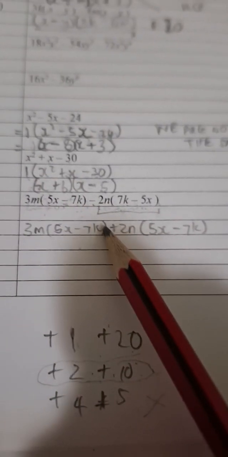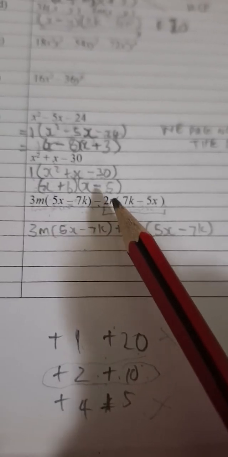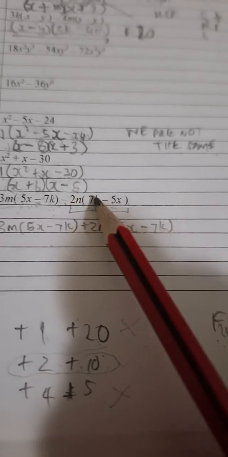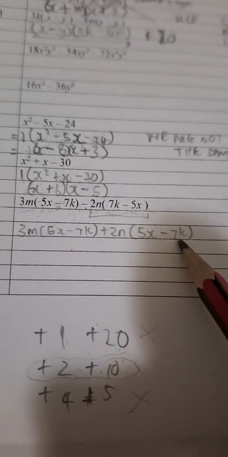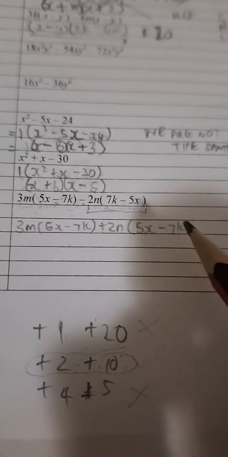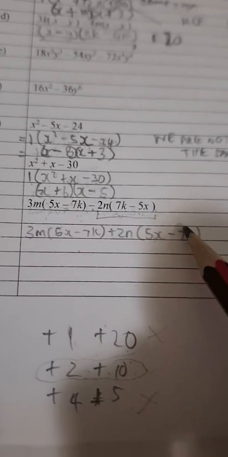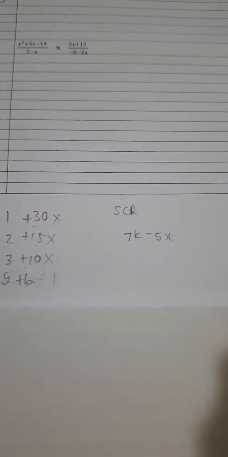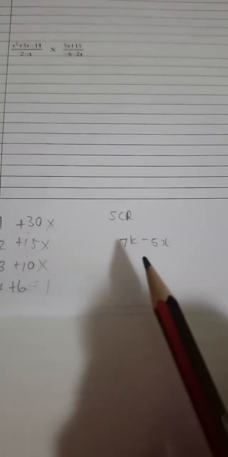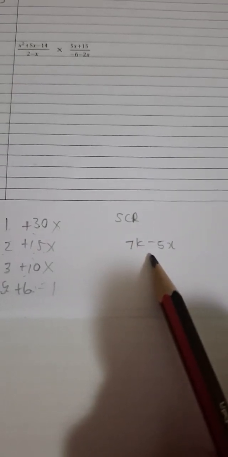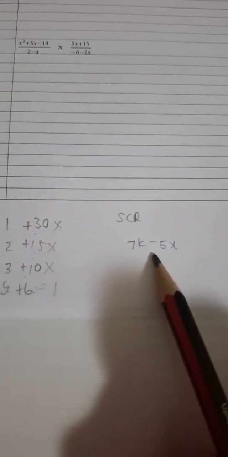Now I'm sure people are looking at me and they're like, what did you just do? You changed the sign outside your bracket from negative to positive, then you changed the order of the terms to 5x minus 7k. How does that happen? I want to explain how it happened, guys. If I have 7k minus 5x, Kamo, you were 100% right.